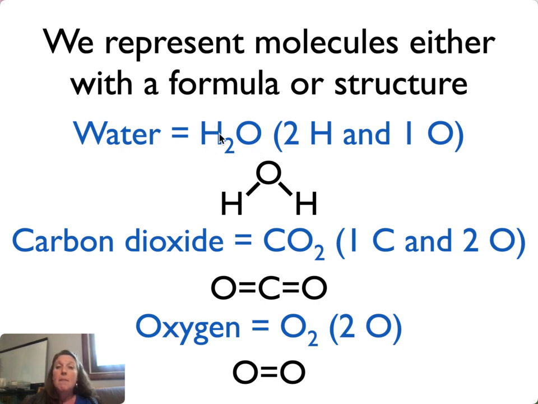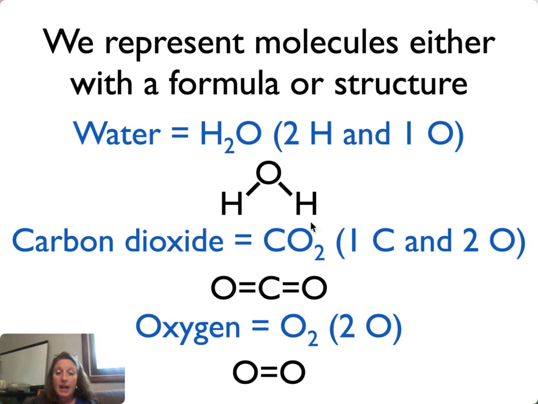This is the molecular formula, and it just tells us how many of each atom are in the molecule. We have 2 hydrogens and 1 oxygen. This is a structural formula. It tells us how those atoms are put together, how they are positioned. So we see we have 1 oxygen, and we can tell from this drawing that it has a covalent bond to hydrogen and another covalent bond to another hydrogen.